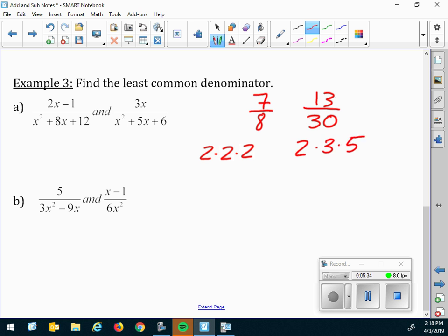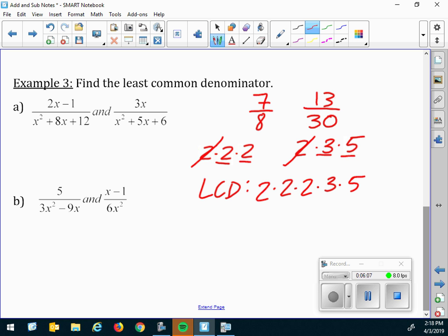Now, your least common denominator. What's common to both lists? What else is common to both lists? Nothing. So to find the least common denominator, I just write everything else down. So a 2 and a 2, and a 3 and a 5.